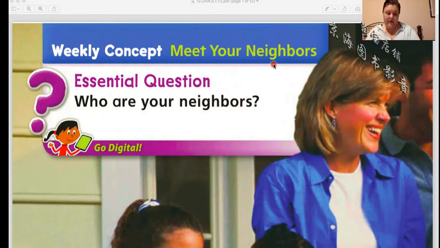Yeah, so you probably have, and you probably know their names, and maybe you even play with them. So our weekly concept, our weekly idea is thinking about things that we do when we meet our neighbors, okay? So we're gonna learn some new language, some new words to help us when we are talking about our neighbors, okay? All right, so let's keep going.